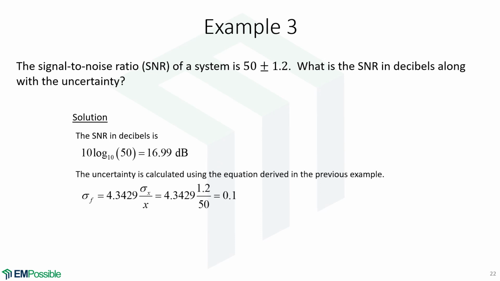Now the uncertainty. We'll take the equation from the previous slide, and our uncertainty in x was 1.2. The value of x we just calculated was 50, and we get 0.1. We're not done. Don't box the 0.1. We have to report the final answer, which is the number we calculated plus or minus the uncertainty we just calculated. So the final answer is 16.99 plus or minus 0.1 dB.